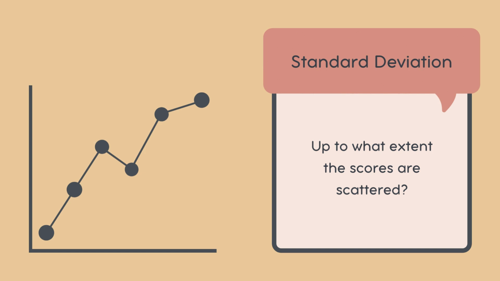If we talk in terms of the normal probability curve, around 68% of the scores lie within 1 SD plus minus, and around 95% of the scores lie between 2 SD plus minus.